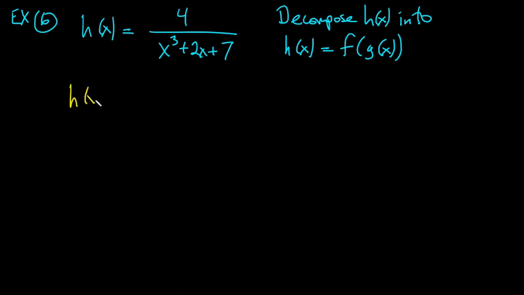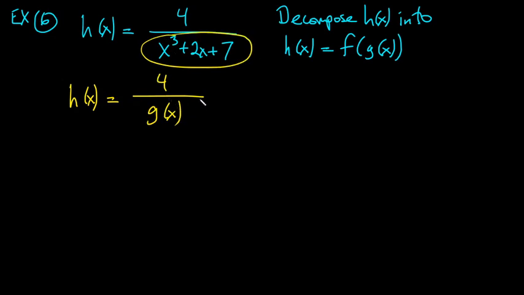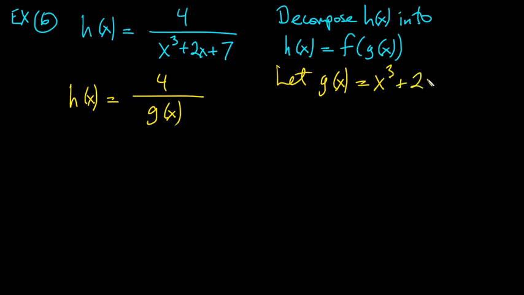So h of x is 4 divided by this rather complicated function, and so we might as well call that g of x. So the denominator here, the x cubed plus 2x plus 7, I'll just call that g of x. So let g of x be the denominator, x cubed plus 2x plus 7.